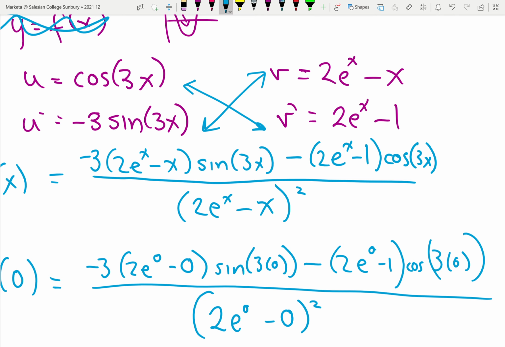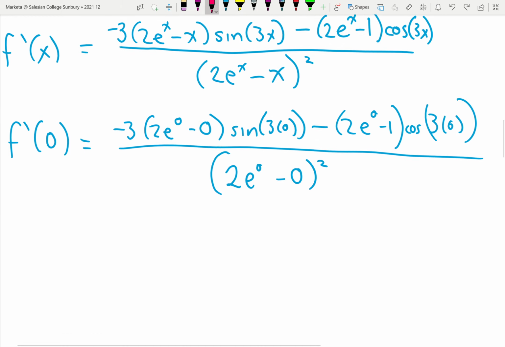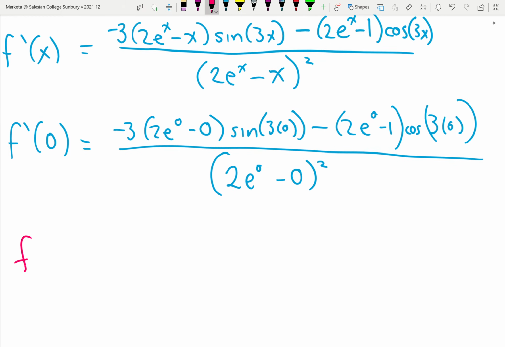And look, I think it's pretty obvious by this stage, but of course, anything to the power of 0 is 1, not 0. And furthermore, when we take sine or cos of something and the something is 0, the result is not necessarily 0. So be careful. It's a silly mistake that you can make.